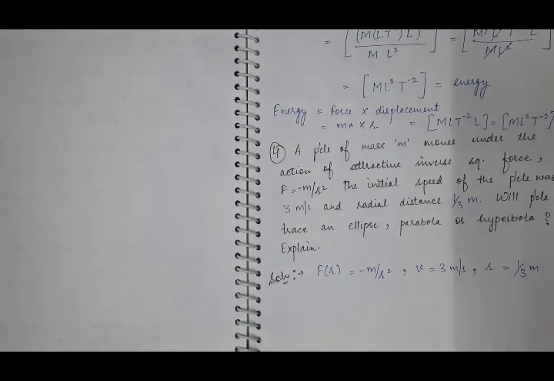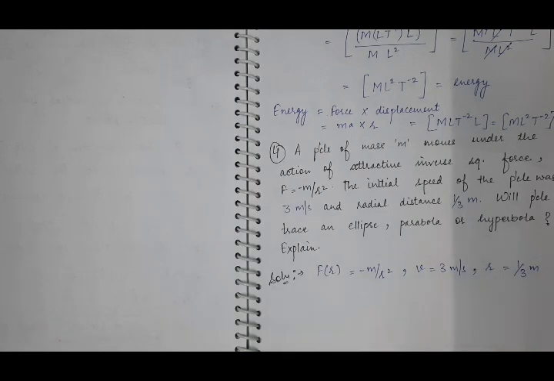They are asking, will the particle trace an ellipse, parabola or hyperbola? So we have to determine the trajectory followed by the particle under the effect of inverse square force. We will calculate its total energy.